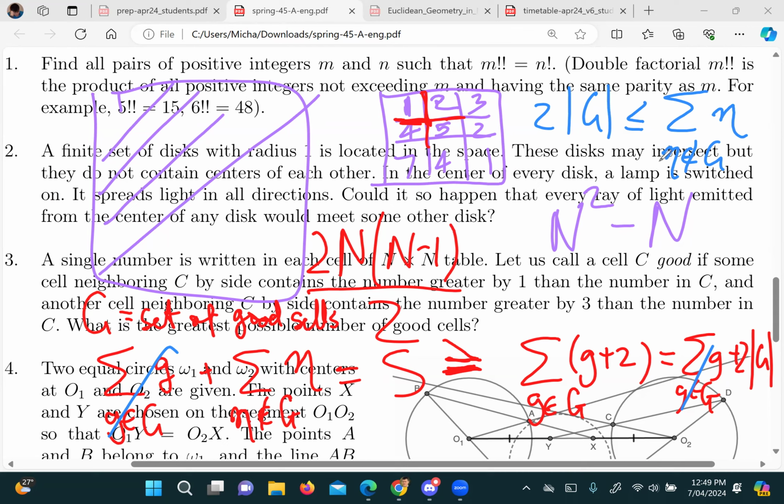And then you get the number of good cells is less than or equal to 7.5, yeah? But for some reason, if you let this be 0, 1, 3, this will be 2, 4, 6, okay? But 2, 4, 6 now add up to 12, and then you get the number of good cells less than or equal to 6. That's crazy.